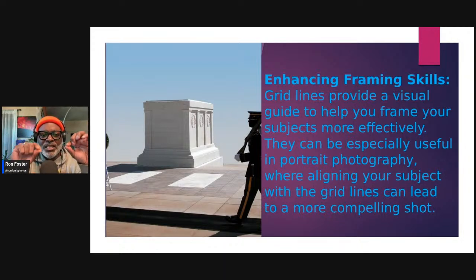So it is really good in leveling your camera as well. But back to this portrait thing, you can also align the eyes. Some people like to take photos with their head a little bit to the left, or some to the right. Some people just pose with leaning. But if you have the grid, you can really place them in the right position. You can say, hey, move your head to the left, move to the right. You can frame it nicely.